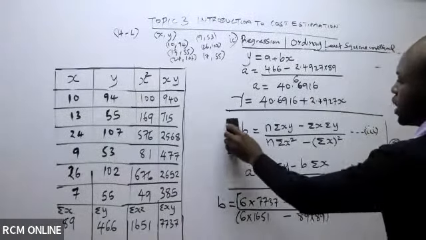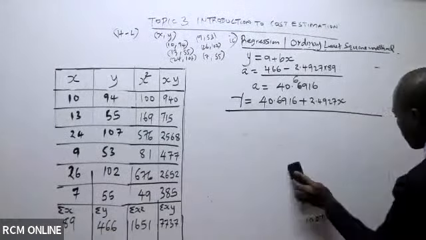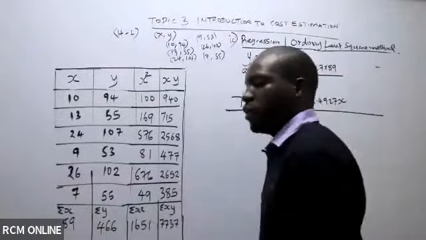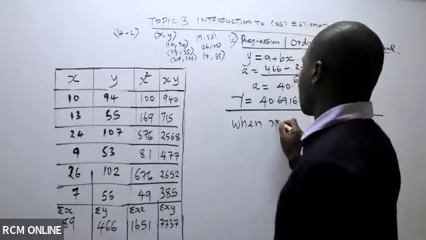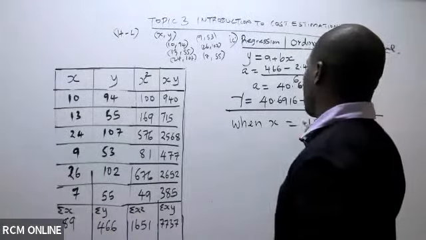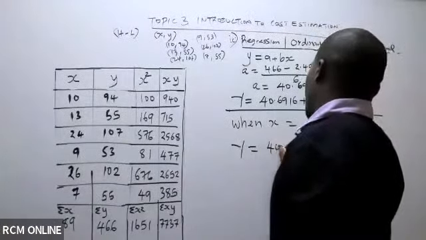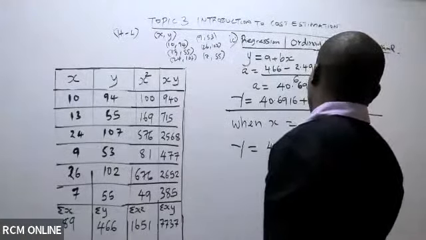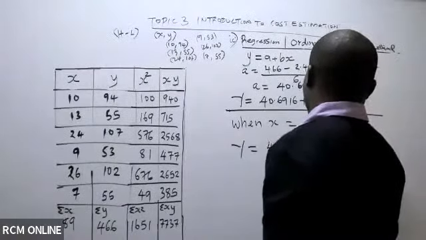Are we able to get Roman 2 of this question? I believe you can recall what we did under the OLS method. If you are told to give us the value of y when x is equal to 15, y will be equal to a plus bx, and x is 15.